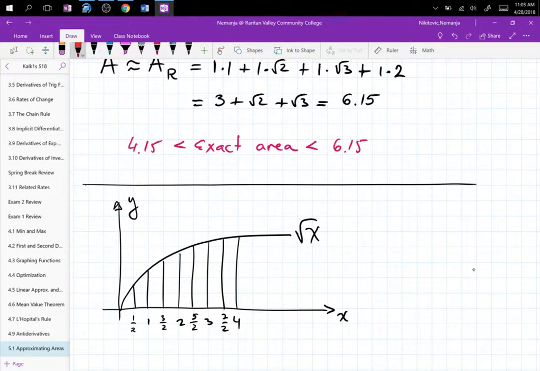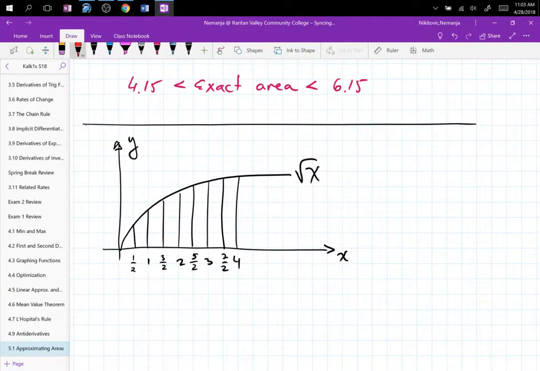If I use the left endpoints, we will be creating 8 rectangles.